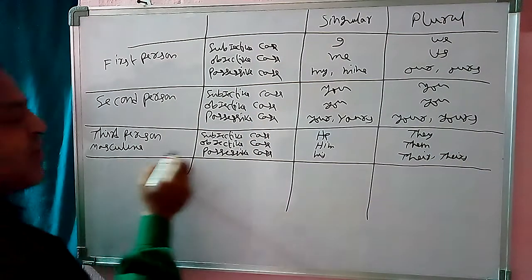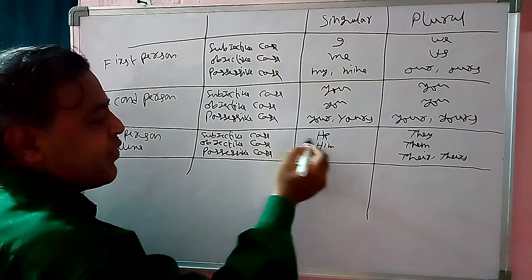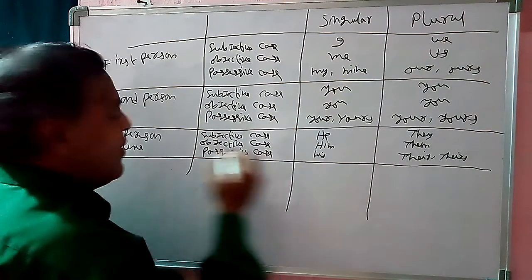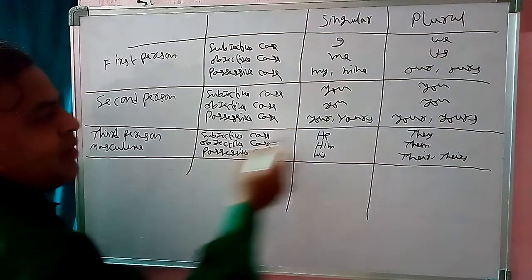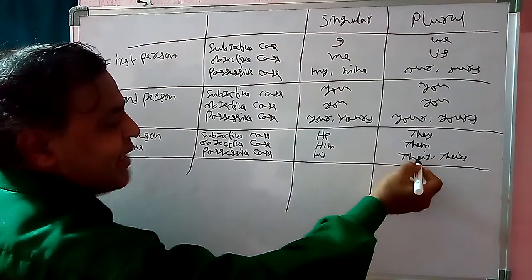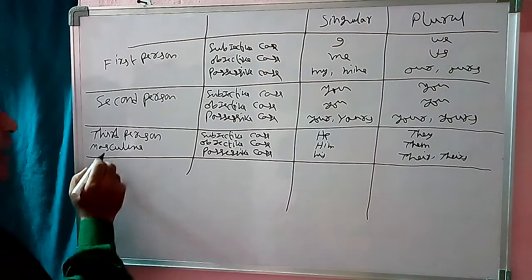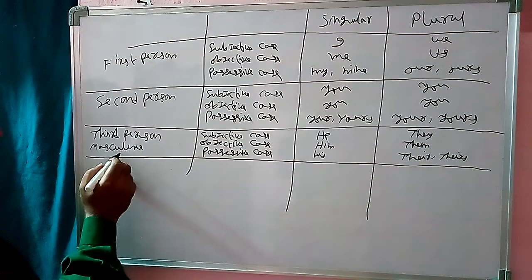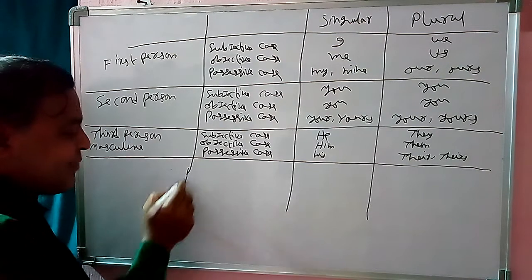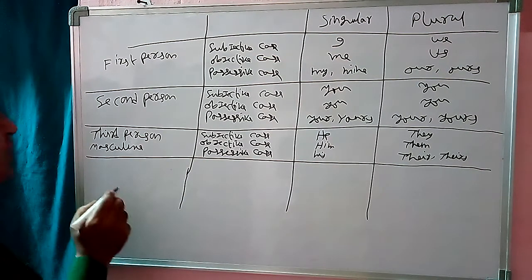Third person masculine, singular: subject case he, object case him, possessive case his. Third person plural: subject case they, object case them, possessive case their, theirs. Masculine gender is names of male persons are called masculine gender.